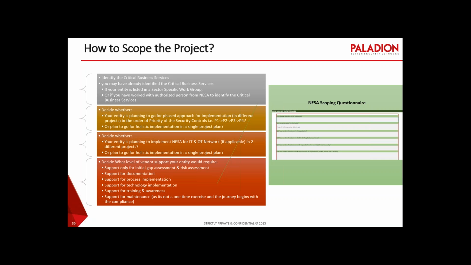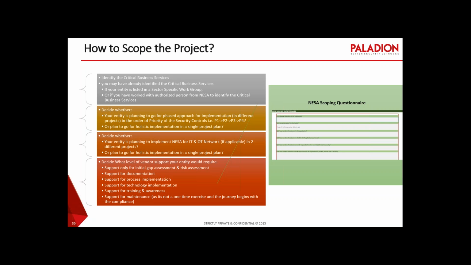And finally, the fourth deciding factor before you look at any vendor is what level of support do you want? Do you want support only in terms of assessing and telling you where you exactly are and then doing a risk assessment, or do you need further support in terms of documentation, or process implementation, which could be in terms of process, technology, training and awareness, and then finally support for maintenance.